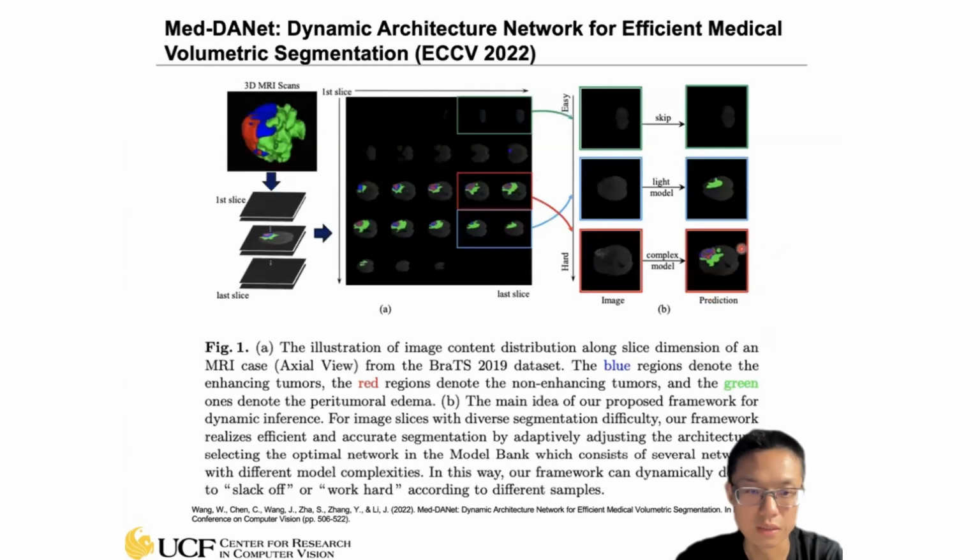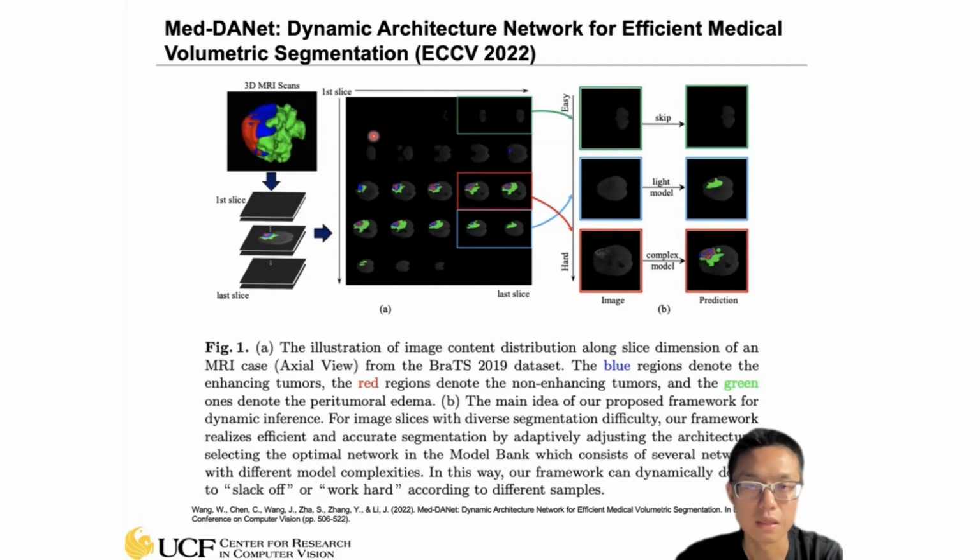And the next work is our work at ECCV 2022. This is a dynamic network. Again, just like MutualNet, we consider a dynamic network that is able to change its structure based on the input. The observation we have is, if we look at volumetric segmentation, like brain tumor segmentation, these are MRI scans of different slices.